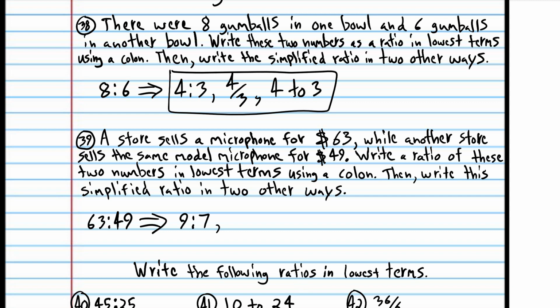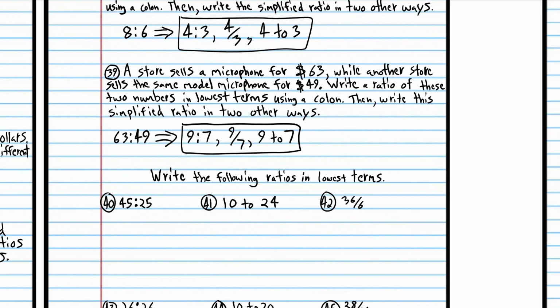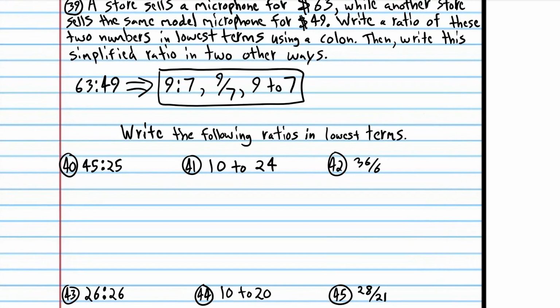And then we can write 9 over 7, and we can write 9 to 7 with the word "to," and that is our answer. Again, you could write 7 to 9, 7 over 9, and 7 to 9 with the word "to." That's acceptable also. All right, so if you got that answer, good job.